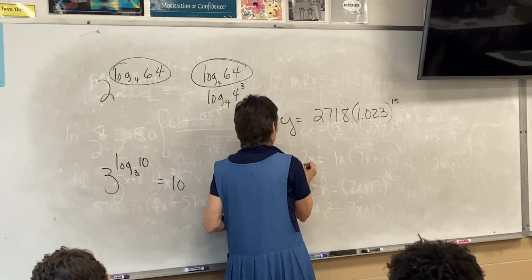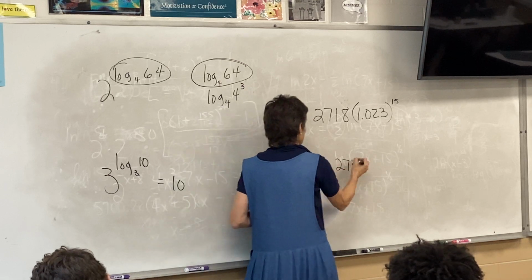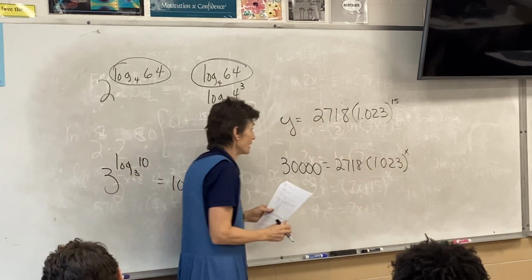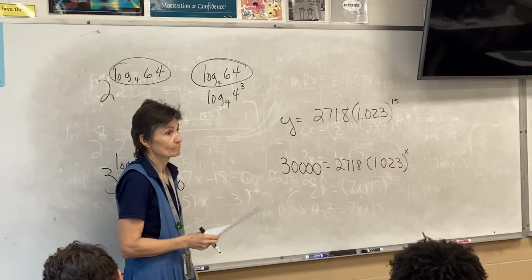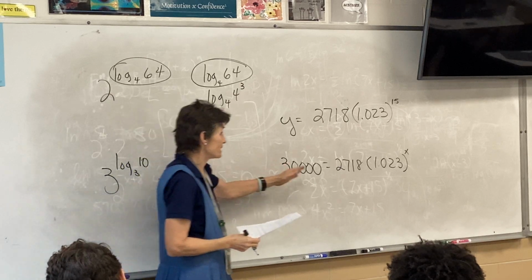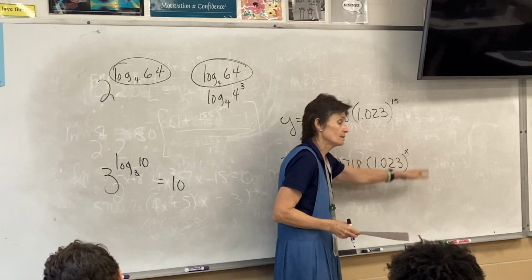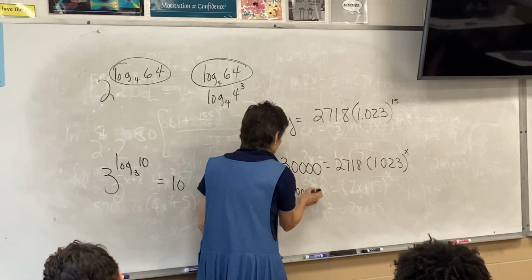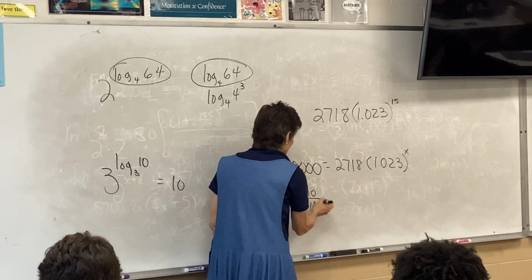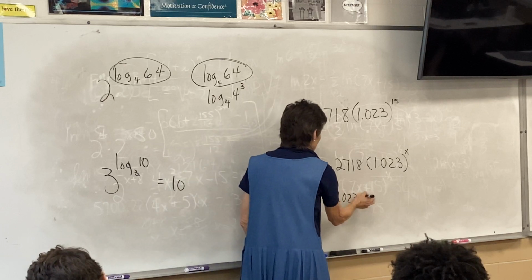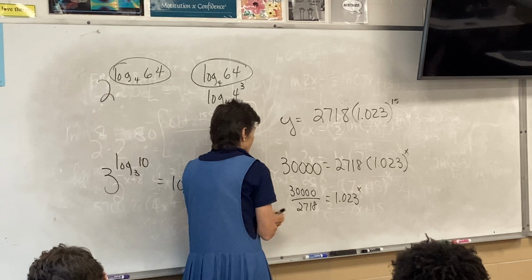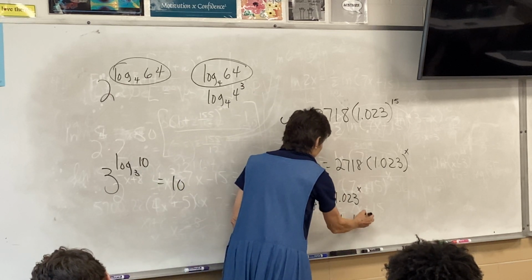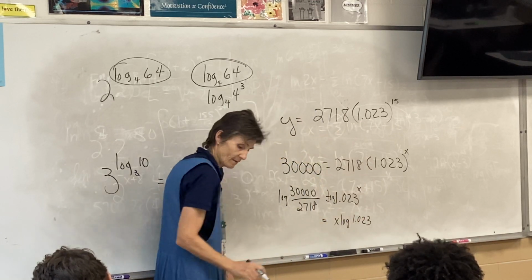Then when will the population reach 30,000? I'm gonna have to solve that to find out how many years it's gonna take to get to that. So we'll start by dividing. And then logarithming. And dividing again.